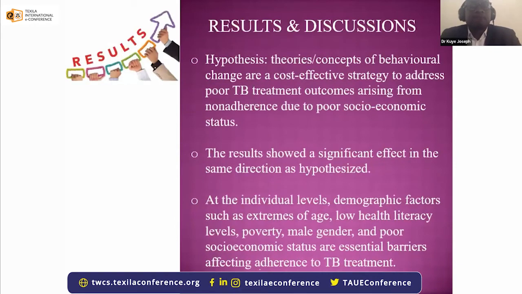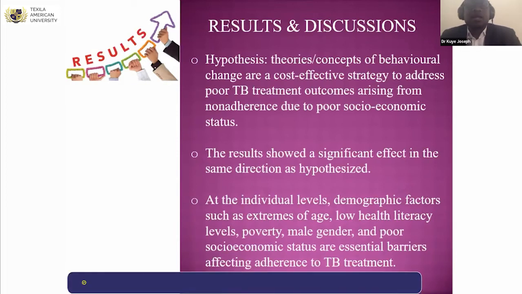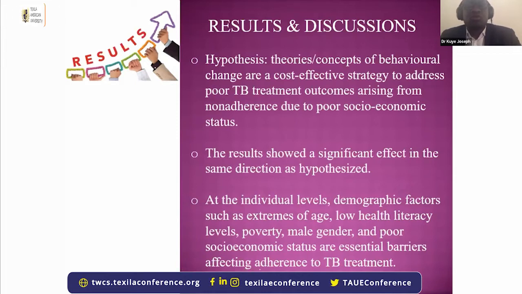Next, what are the results and discussions concerning this secondary research review? The hypothesis was that theories and concepts of behavioral change are a cost-effective strategy to address poor TB treatment outcomes that arise from non-adherence due to poor socioeconomic status.